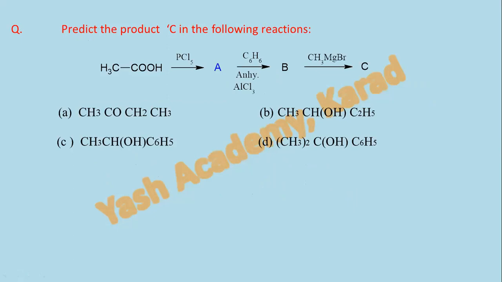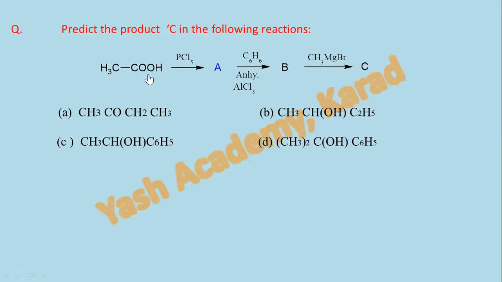Next one is, predict the product C in the following reaction. This is the sequence of the reaction given. Acetic acid with PCl5 gives CH3COCl, acetyl chloride. That is A, the acetyl chloride, which reacts with benzene in presence of anhydrous aluminum chloride.